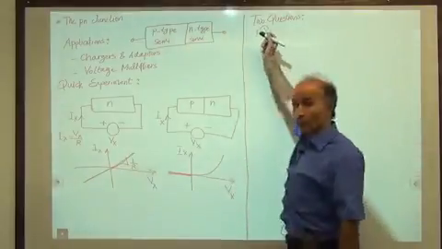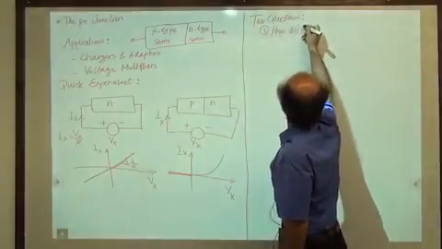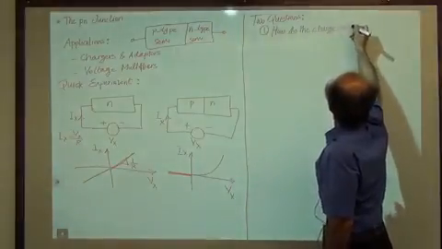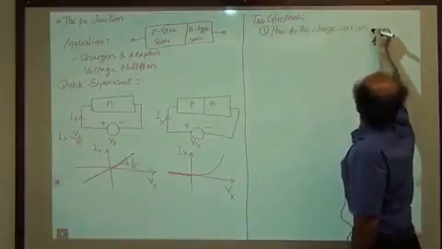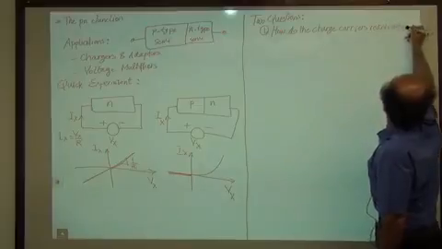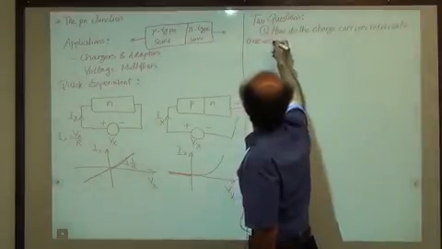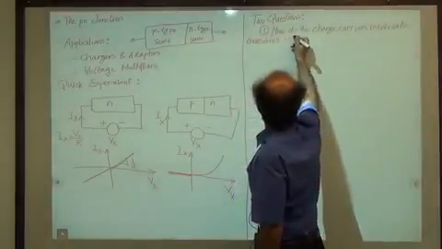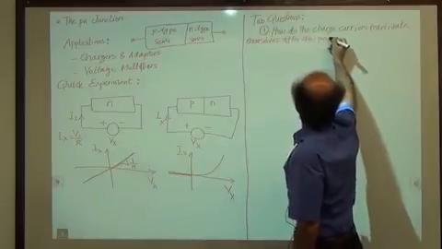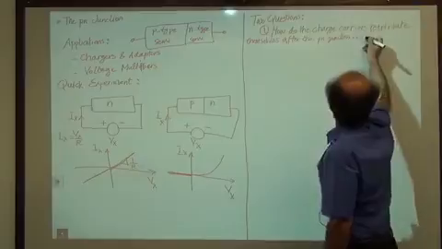So we will ask this question formally. How do the charge carriers redistribute themselves after the p-n junction is formed?